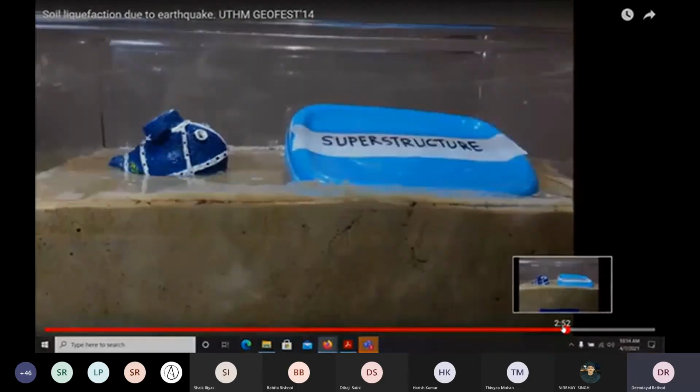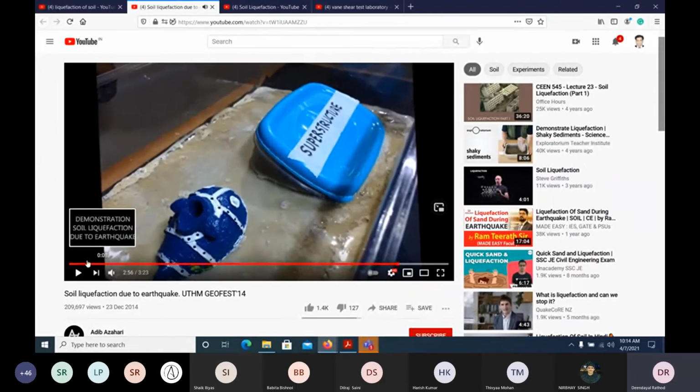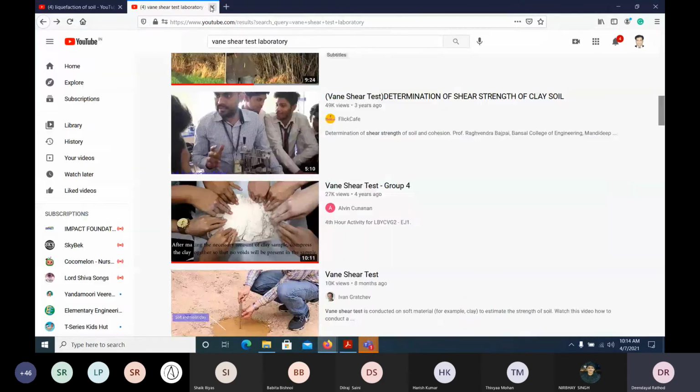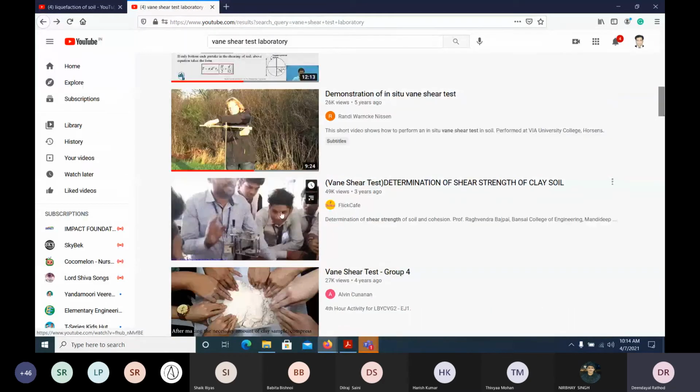So what is happening here? Pore pressure is dominating. The u is dominating and becoming equal to the effective stress, and the whole shear strength becomes zero. That's what liquefaction is.